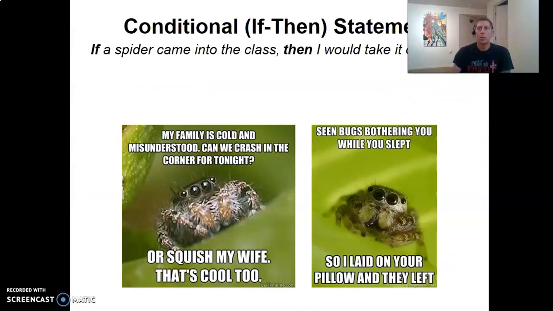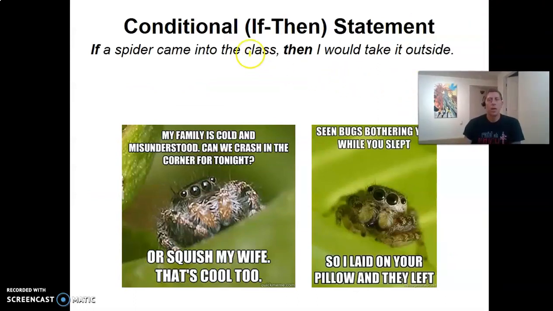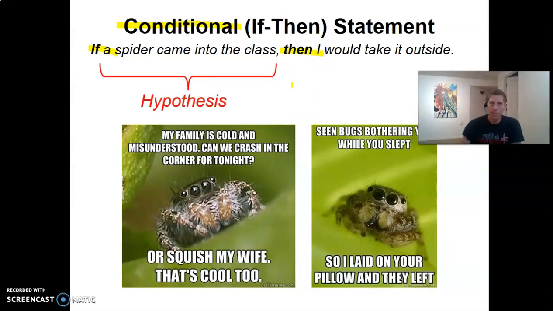This one you already took notes on, so I'm going to kind of breeze through this. A conditional if-then statement. A conditional statement has if and then in it. If a spider came into class, then I would take it outside. The hypothesis is that first part associated with the if statement.